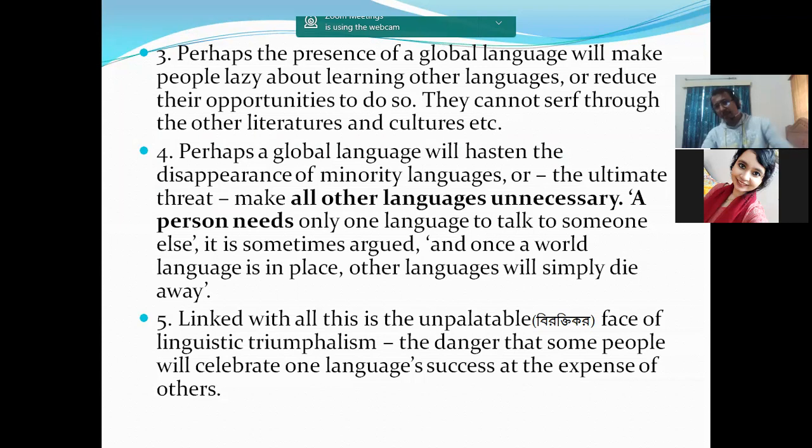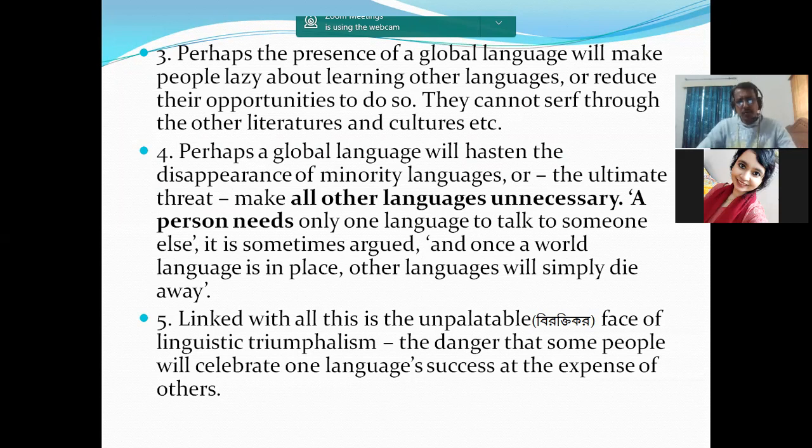Simply, people will not be interested to learn the Chakma language in Bangladesh. So one day the last Chakma-speaking person will die away, and as soon as the last speaking person of a language dies, the language dies. That is called language death. If we define language death, it means when the last speaking person of a language dies, the language is dead.